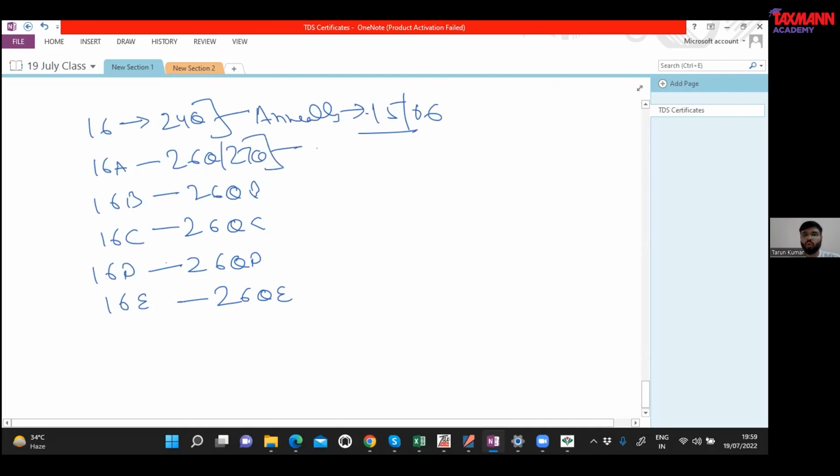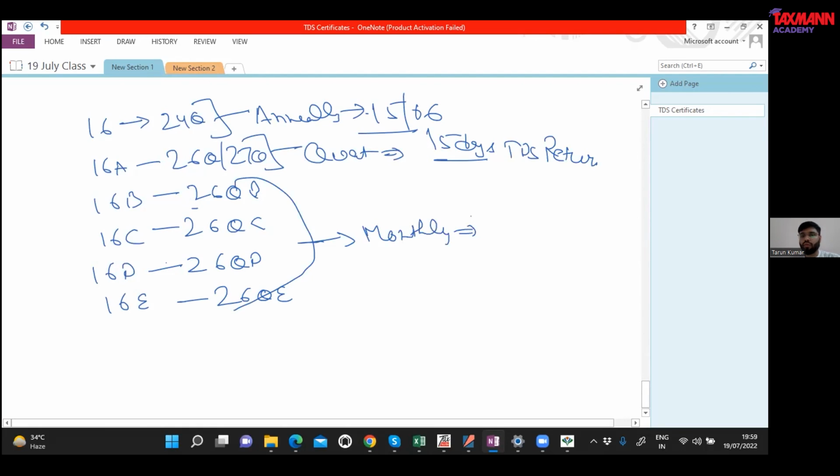These are to be issued quarterly, 15 days from the date of filing of the TDS return. And these are to be issued monthly, 45 days from the end of the month in which tax is deducted.